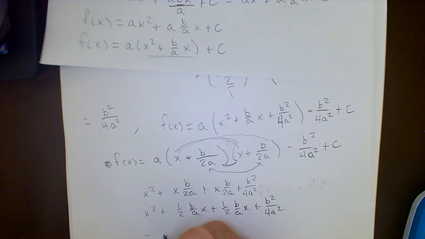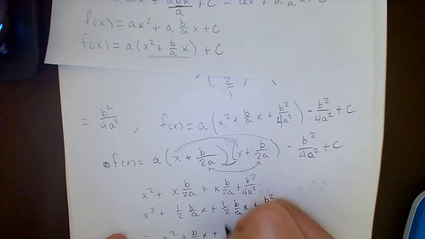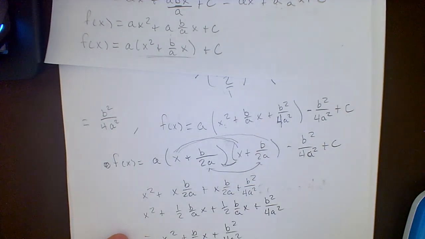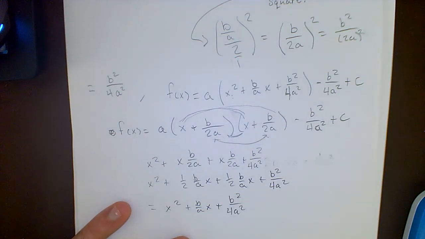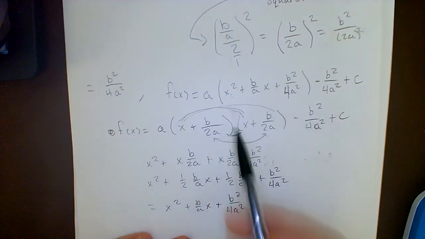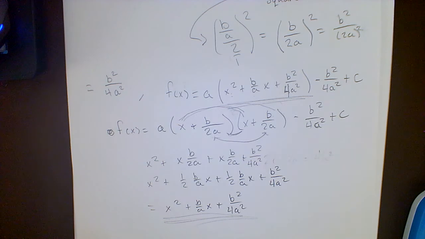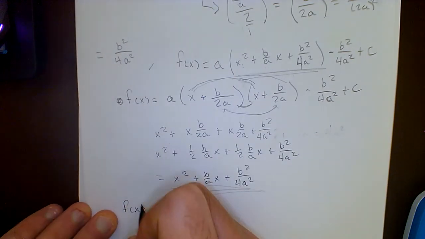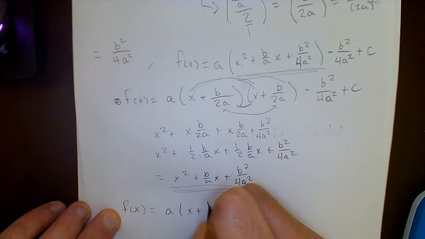So this is equal to x squared plus b over a x plus b squared over 4a squared. So basically I just gave you the factorization here and told you if you FOIL this out, you get right back to where we started. So it works.